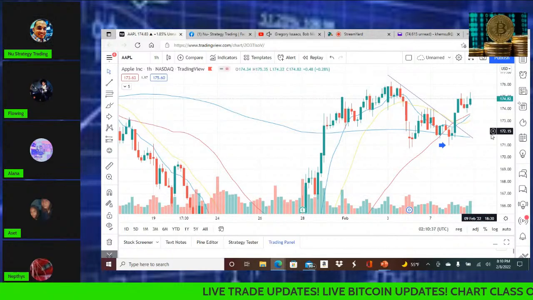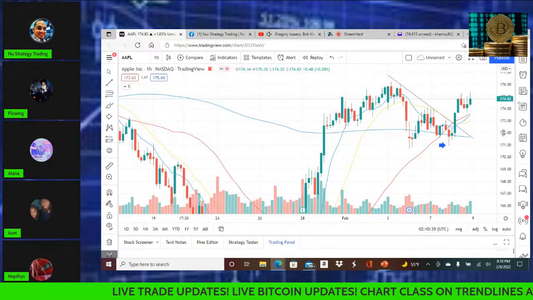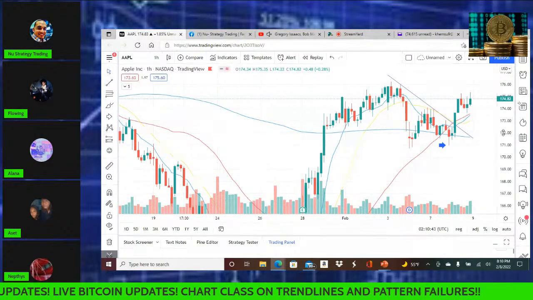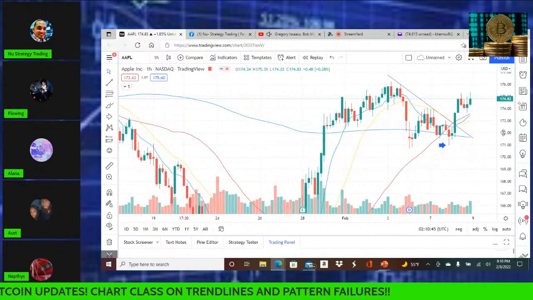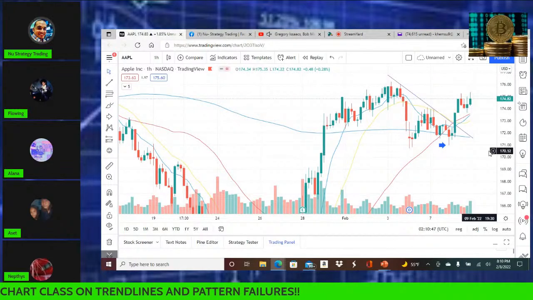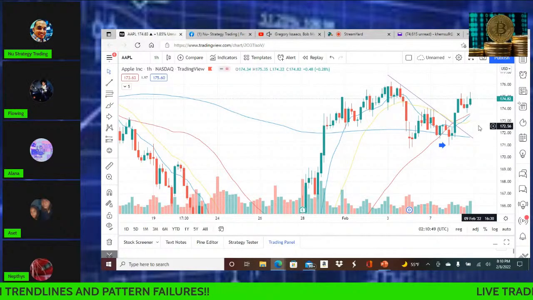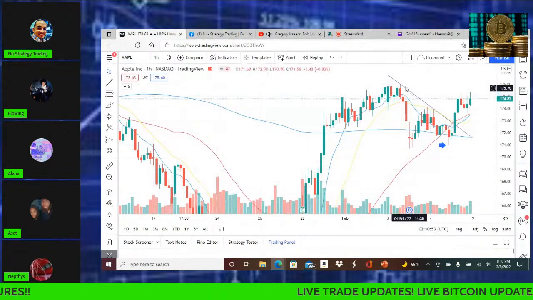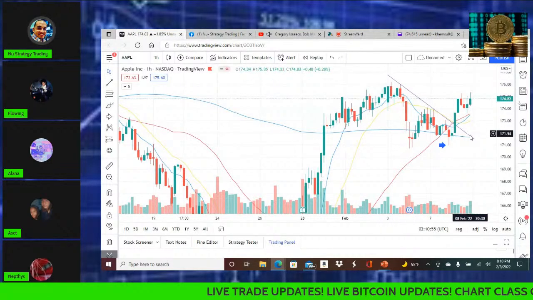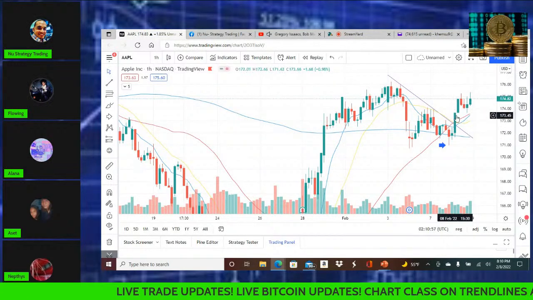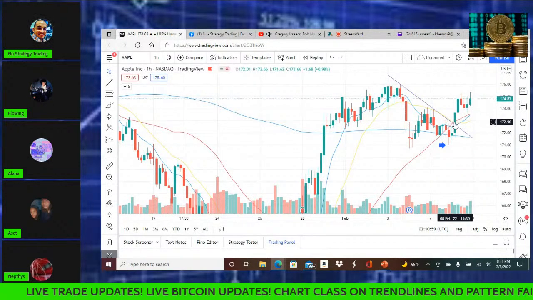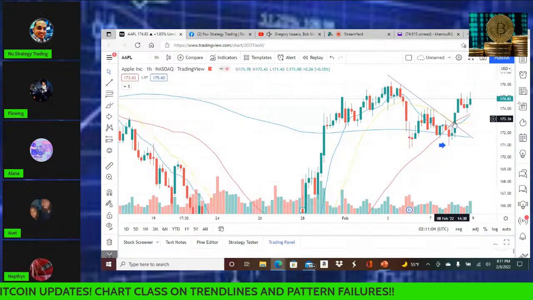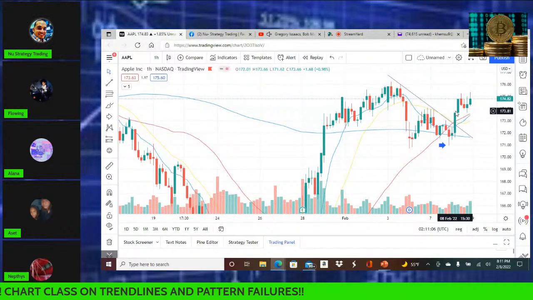Would you think that is a sign that it's going to continue going up or go down? Going up. Right. It's a sign that it's going to continue to go up because it broke a downward trend line. Furthermore, it gave a big green bar. And you guys already knew from the first class that big green bars are bullish.